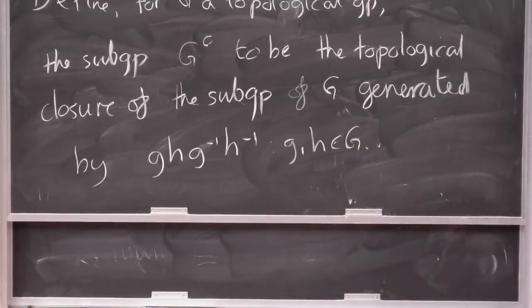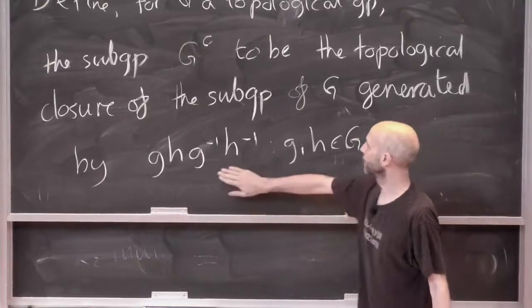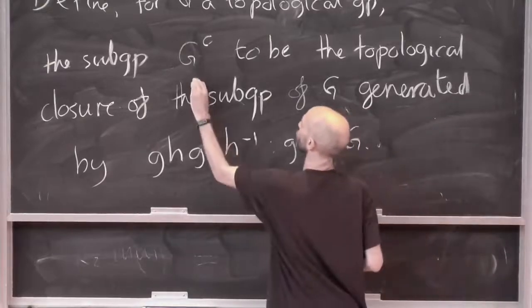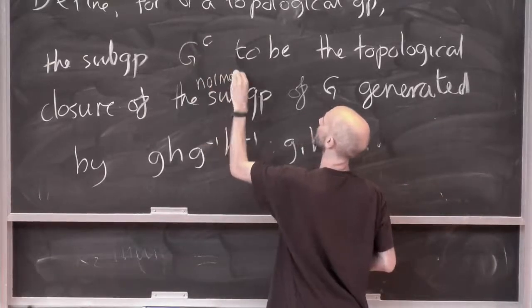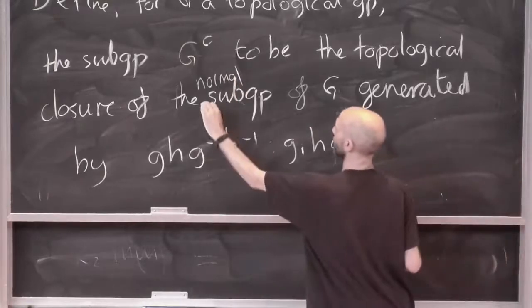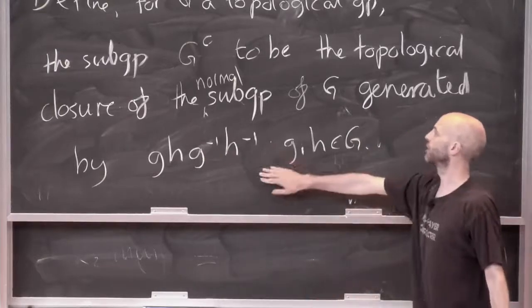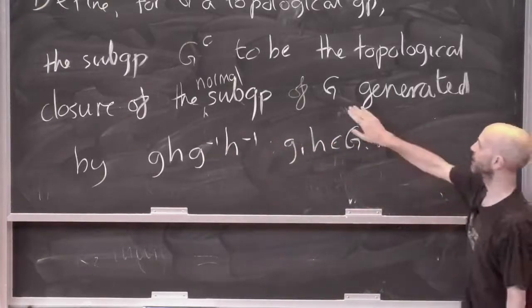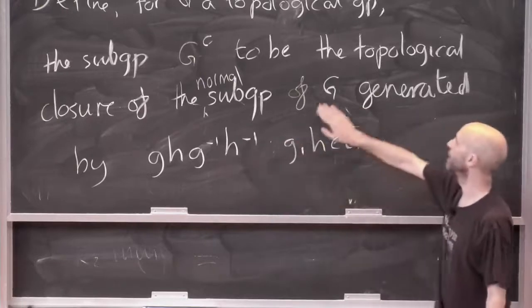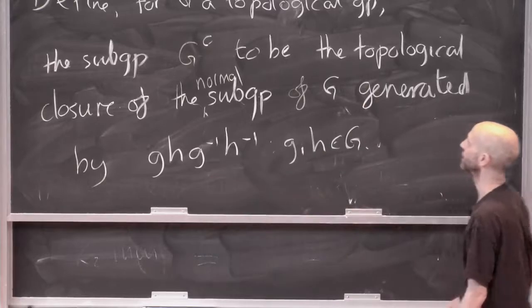So if you just had an abstract group and you wanted to look at abelian quotients, you would look at the subgroup generated. I suppose I could put the normal subgroup; it turns out these are the same thing, you don't have to worry about that. Let's look at the normal subgroup generated by these things. If I quotient G out by this abstract normal subgroup, I'll get a group which is abelian because I've thrown in all the commutators.